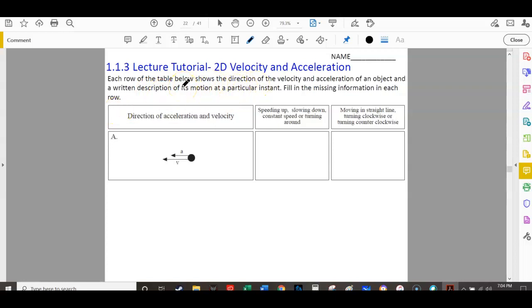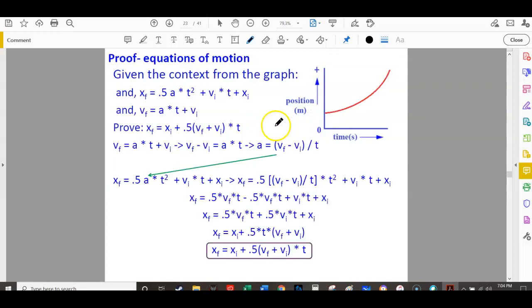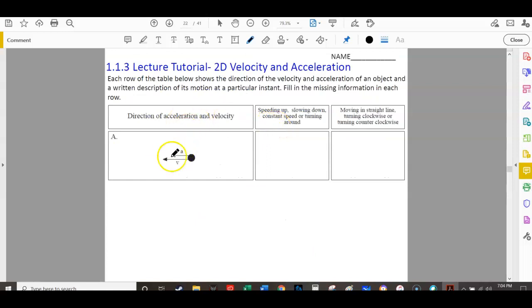Okay, so another part of this tutorial is you could be categorizing things as speeding up, slowing down, or constant velocity. Okay, so what we had learned before is that if your velocity vector and acceleration vector are both pointed to the left, then that by definition is speeding up.